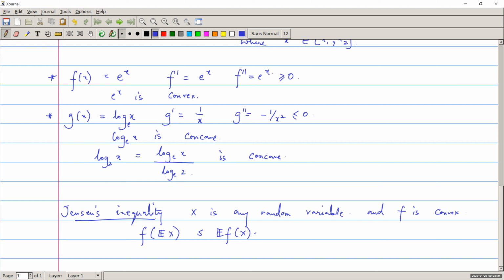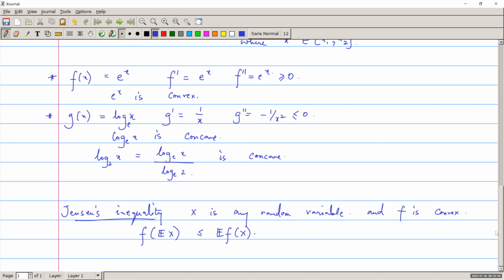But the interesting thing is this applies regardless of what the random variable is. It doesn't have to be binary valued. X can take values from a countable set or even all real numbers. It can even be uncountable.